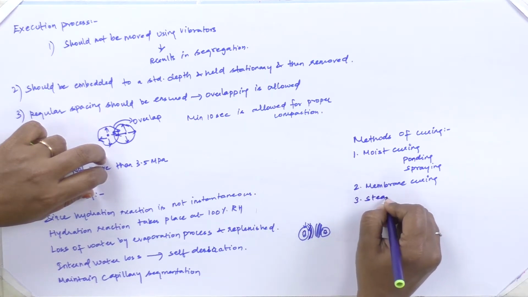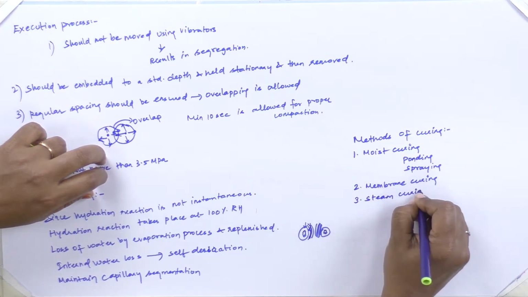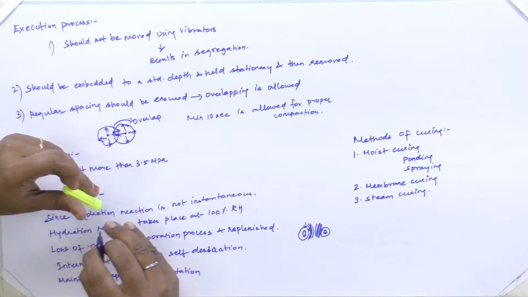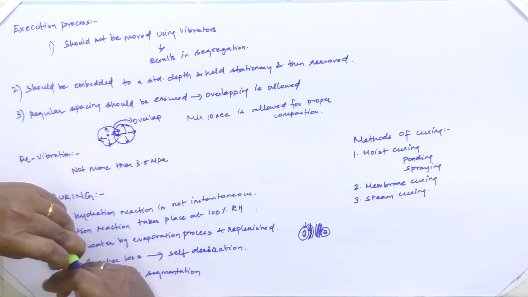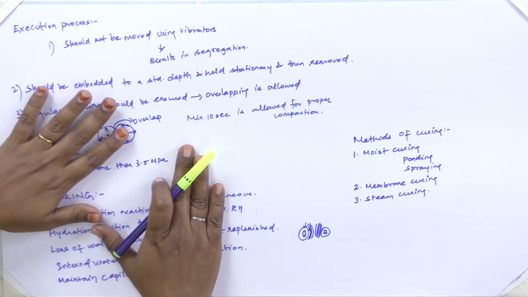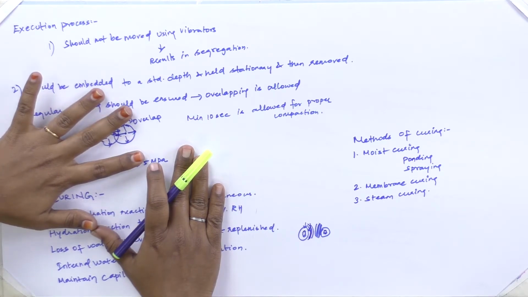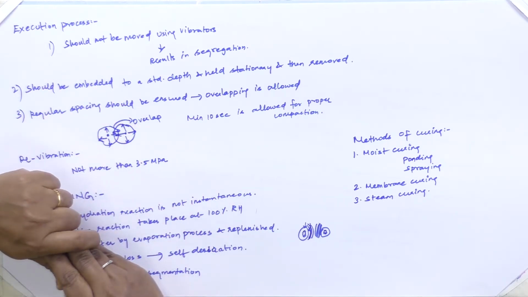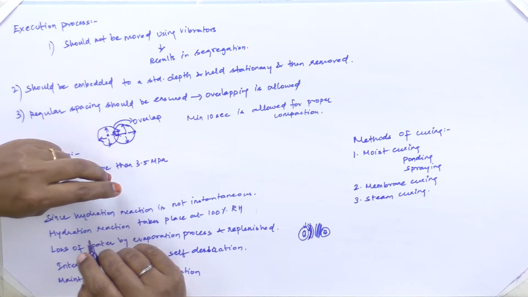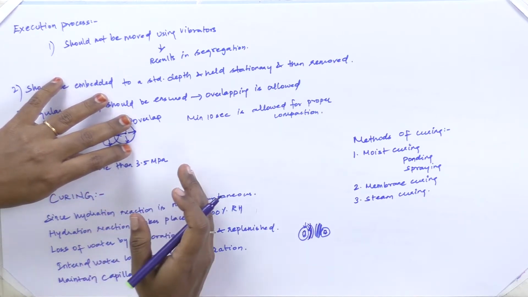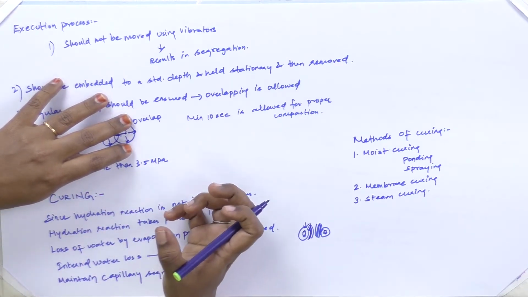And next is steam curing. In the steam curing, the concrete will be subjected to a higher temperature so that we will be able to achieve concrete of higher strength.